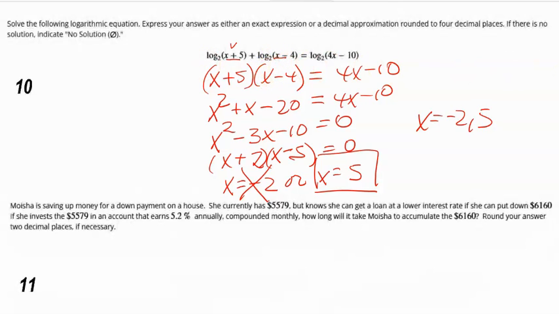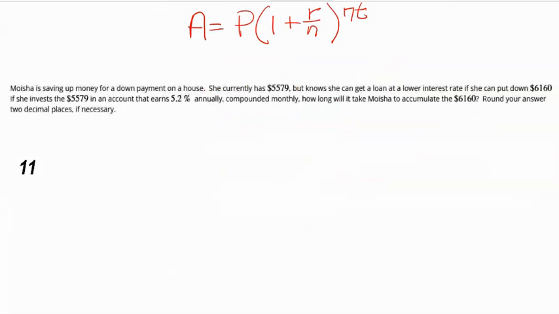Okay, almost finished. For item 11, it's not continuous interest, but just compound interest, where our n here is going to be monthly, so that's going to be 12. Our rate is going to be 5.2%, so that goes in as 0.052 divided by 12.